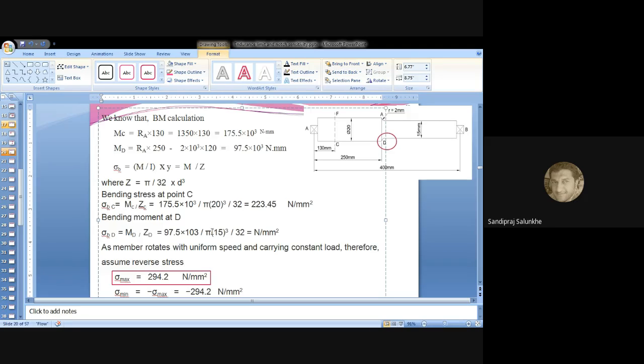So it will be 97, that is the bending moment, into 10 raised to 3, into 15 cube divided by pi, sorry, pi, again we have to take that this side.